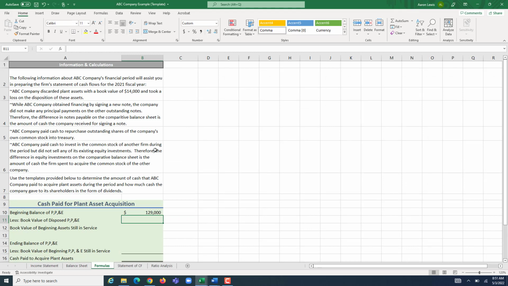We disposed of $14,000 worth of assets during the year, which threw $14,000 worth of assets into the dumpster. A machine must have broken down. We figured it wasn't worth repairing. Didn't have the patience to go and scrap it. Whatever happened, we disposed of $14,000 worth of assets that we had in use sometime during the year.